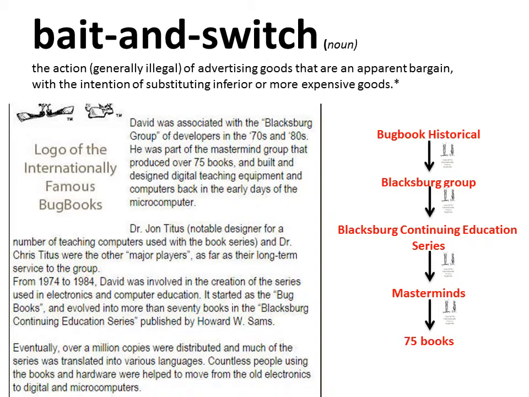He switches immediately to the Blacksburg group, and then to the Blacksburg Continuing Education series, and then to the fact that there were 3 masterminds, and finally to the fact that there were 75 total books. And it is the masterminds and 75 books that are the switch.